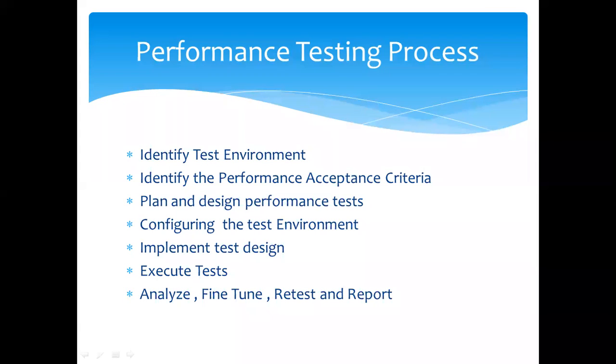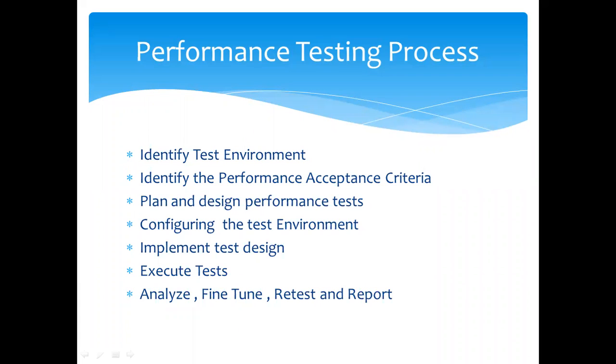After we have identified the test environment, we need to configure and arrange all those things, how we need to test. Then we have written some test cases and identified some test scenarios in plan and test design, so we'll implement those things. Implement means creating the test cases again, and we'll execute those test cases. Here executing and monitoring is more important.